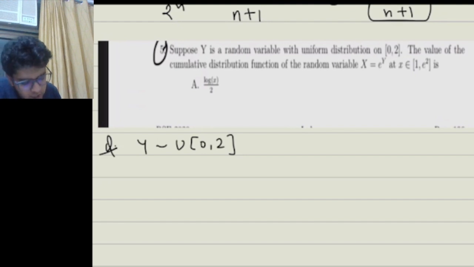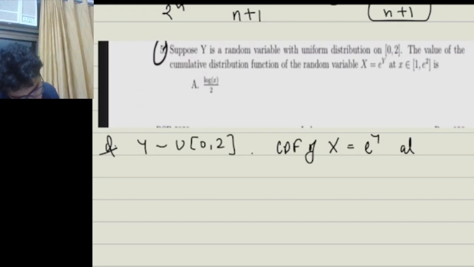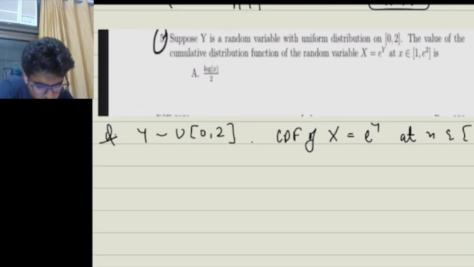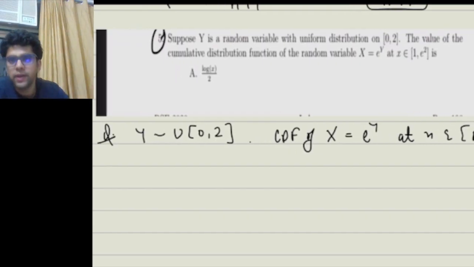The value of the cumulative distribution function of the random variable x, the CDF of x, where x equals e to the power y, at x belonging to 1 to e square is, y is a random variable uniformly distributed on 0 to 2. Again, this is a question of transformation of a single random variable, right?